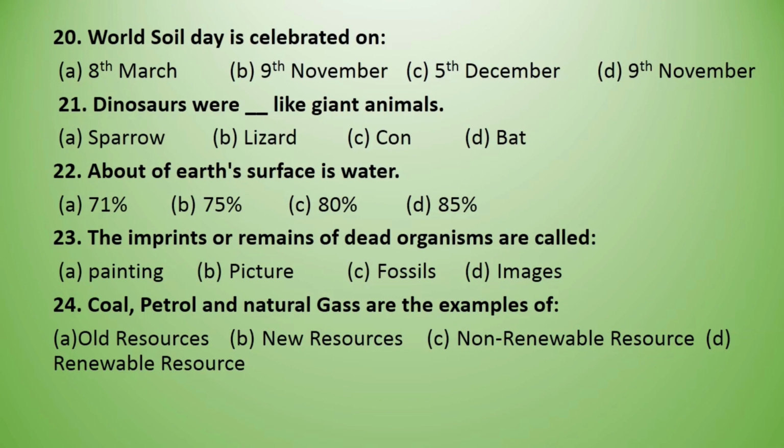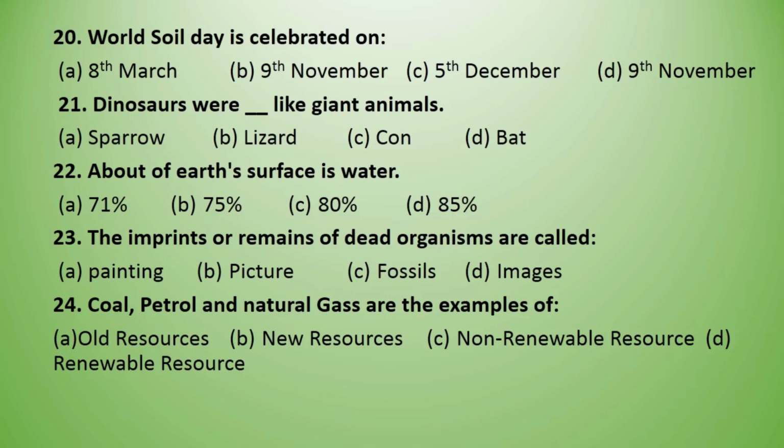World Soil Day is celebrated on A. 8th March, B. 9th November, C. 5th December, D. 9th November. Answer is C. 5th December. 21. Dinosaurs were dash-like giant animals. A. Sparrow, B. Lizard, C. Corn, D. Bat. Answer is B. Lizard.